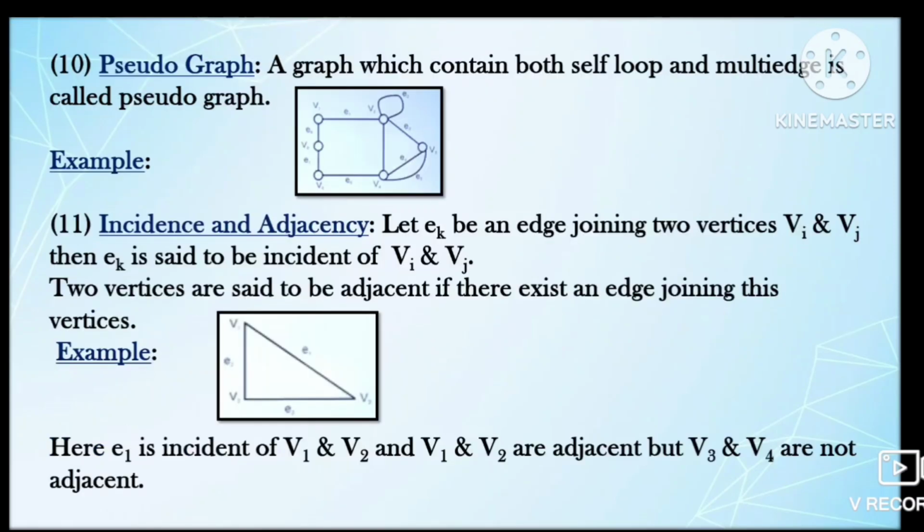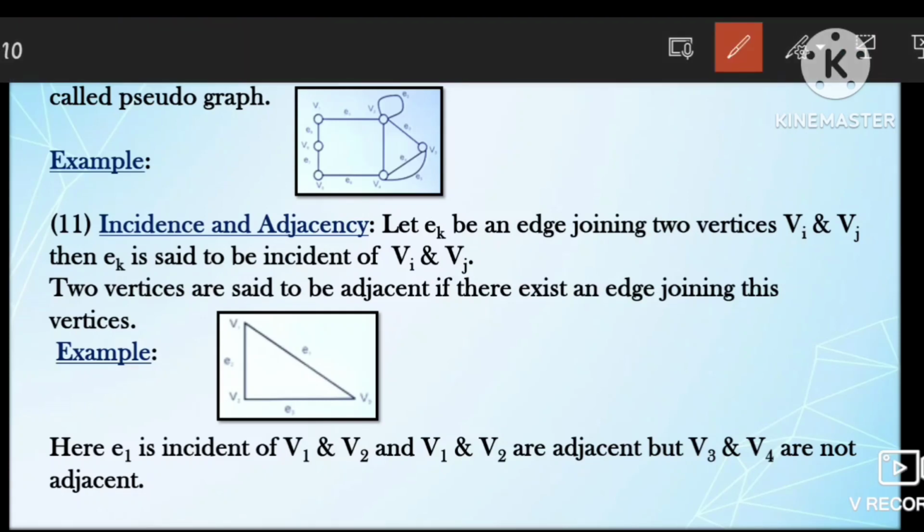Now 10th is a pseudograph. A graph which contains both self loop and multi-edge is known as a pseudograph. In the example you can see that in this graph the vertex V2 has a self loop in it, that is, the edge starts from that vertex and ends on the same vertex, and it also has a multi-edge.